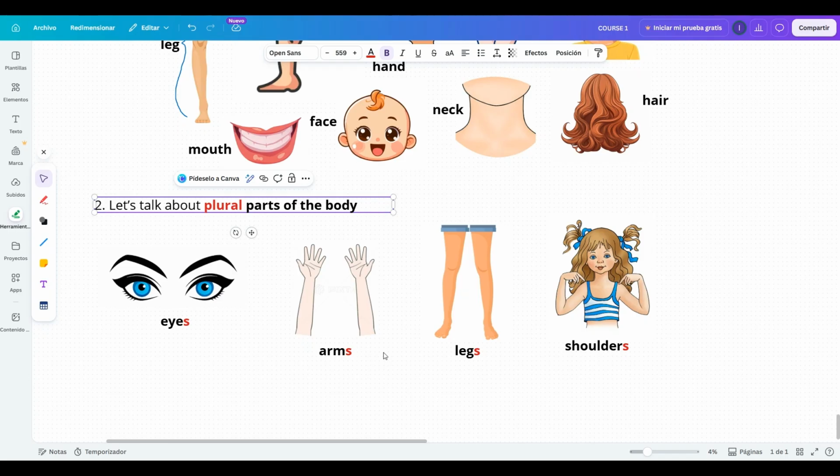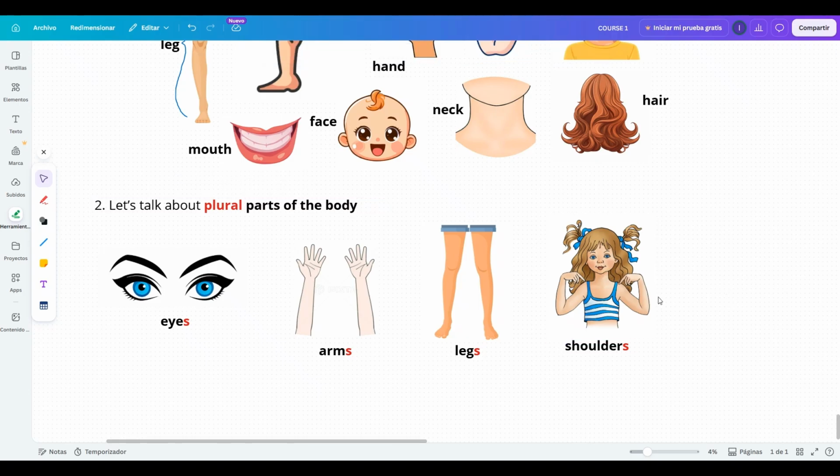Or maybe fingers, right? Fingers, fingers. We've got 10 fingers. Okay. 10 fingers. Yes. Let's count, please. 10 fingers. 1, 2, 3, 4, 5.